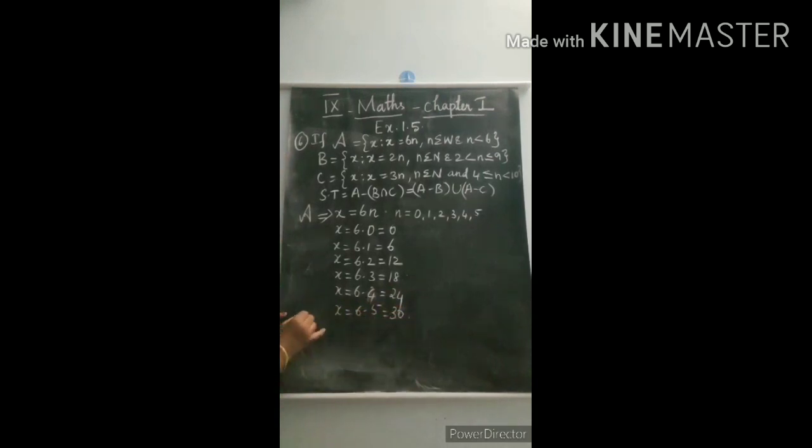So what is the answer for A? A is equal to 0, 6, 12, 18, 24, 30.